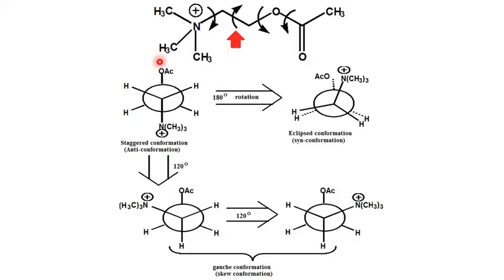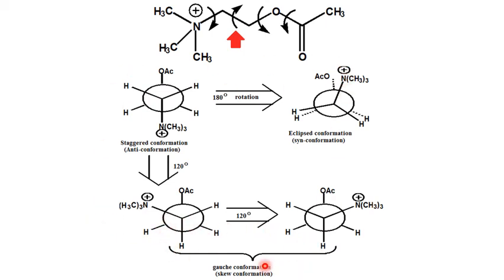Here is the same structure again, but when we use a Newman projection and we look at the different ways these groups can rotate around a single bond, we will have 4 different structures.